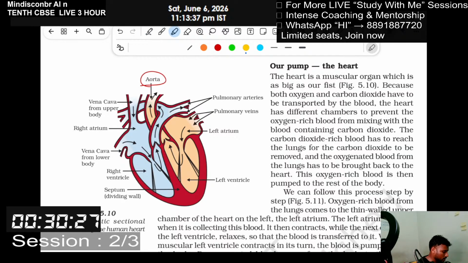Then pulmonary arteries. Here are the pulmonary arteries and pulmonary veins. First is the atrium, right atrium, left atrium. Here are the ventricles, right ventricle, left ventricle.